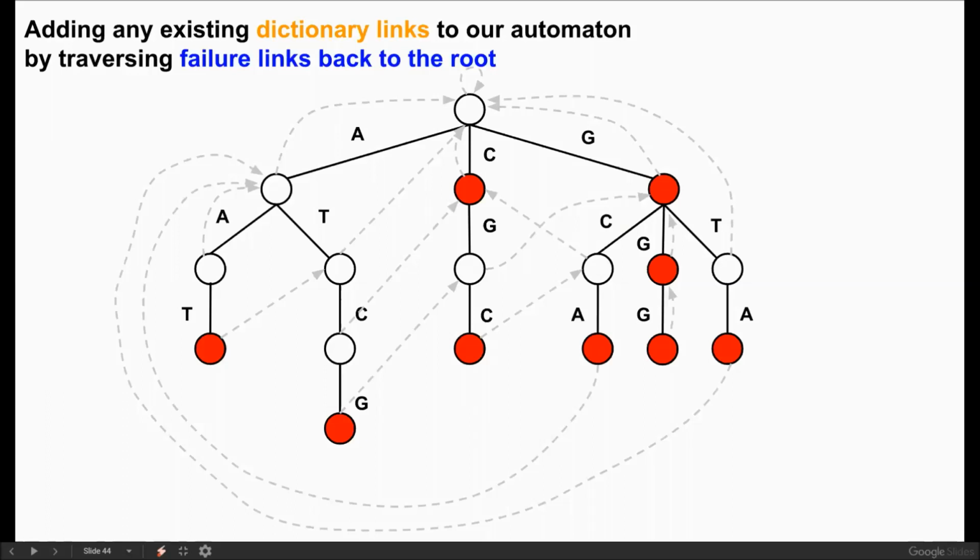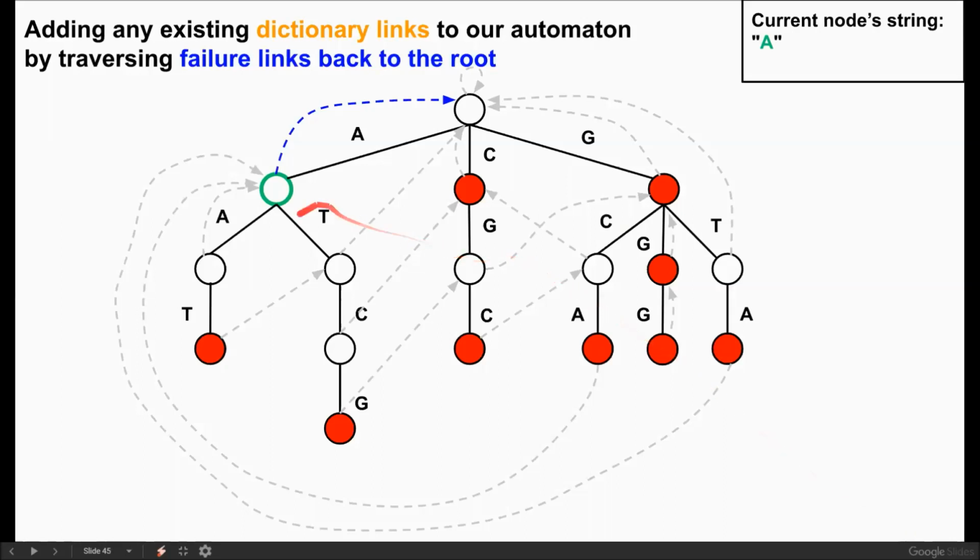So I've just grayed them out, because for each node, we are really only going to consider the path that goes from that node back to the root along failure links. That's the only path that we care about when determining whether or not to add an outgoing dictionary link from that node. And whatever that relevant path is, I will highlight in blue, so we know what to pay attention to for that node.